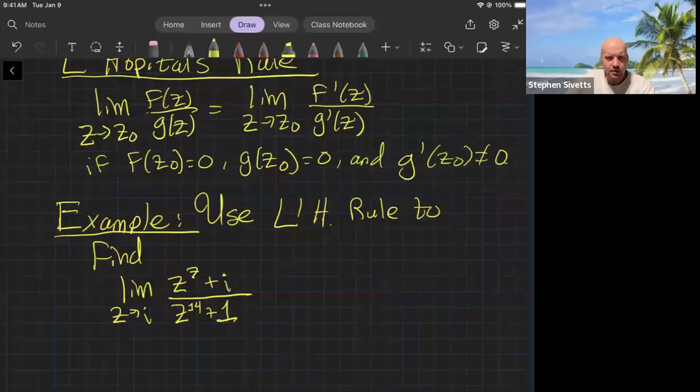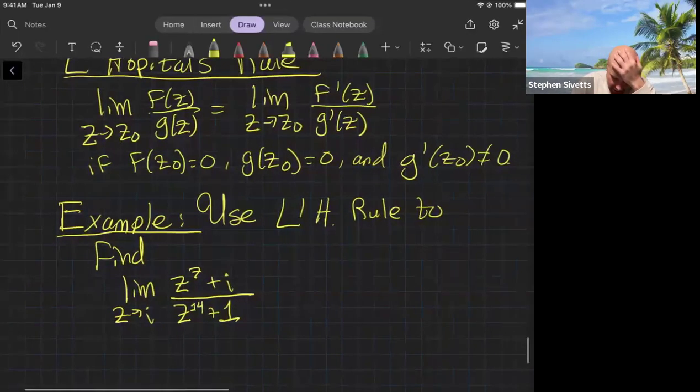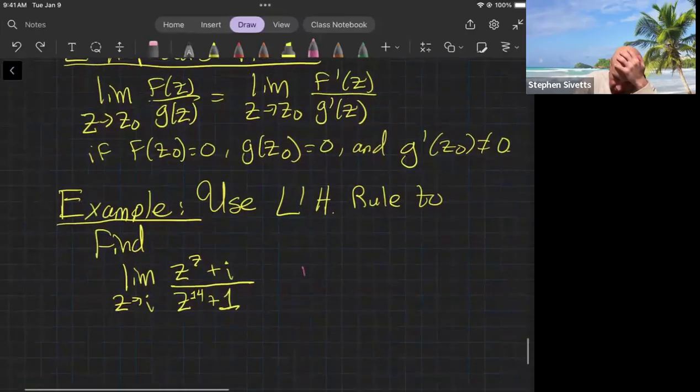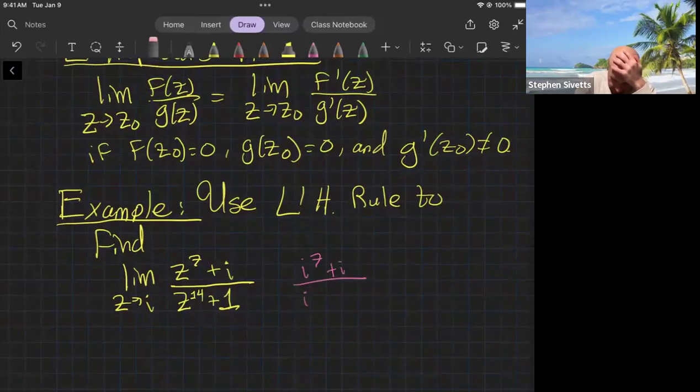I assume you worked on this example. If you plug in z equals i, we have i to the 7th plus i over i to the 14th plus 1.